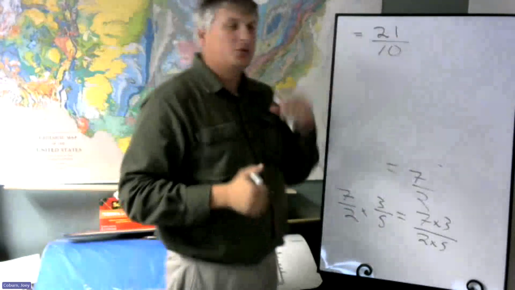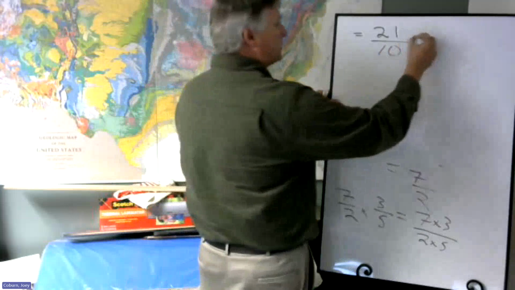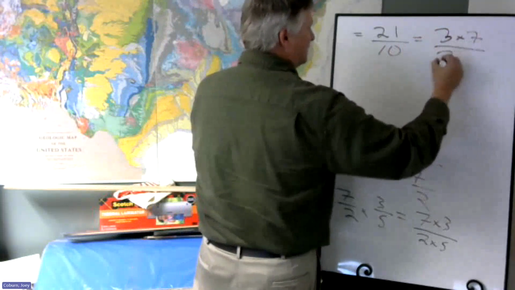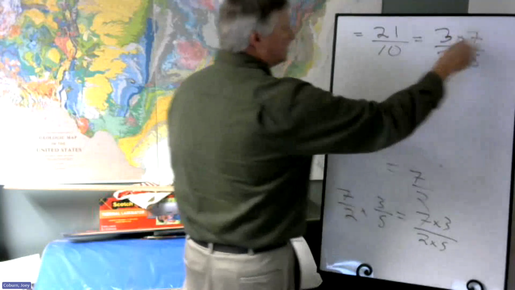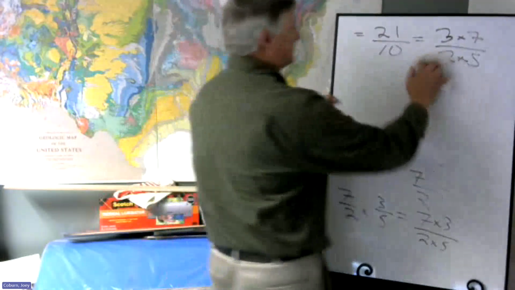And we could try to reduce this fraction, and it won't reduce. If we were to break it down into prime numbers, you would see a 3 times 7 over a 2 times 5, and none of those are going to cancel. So this is the best we can do as far as reducing goes.